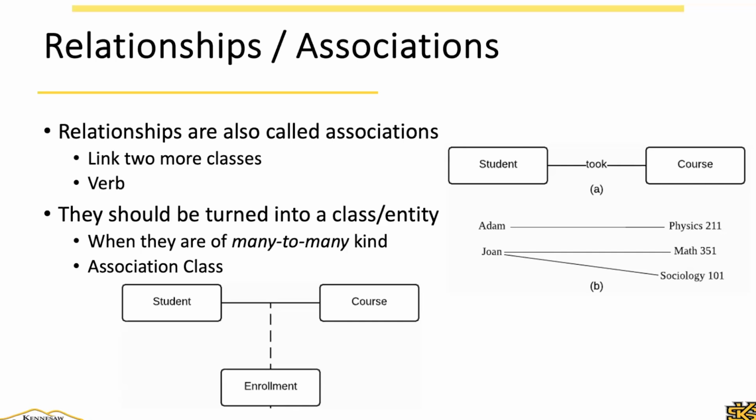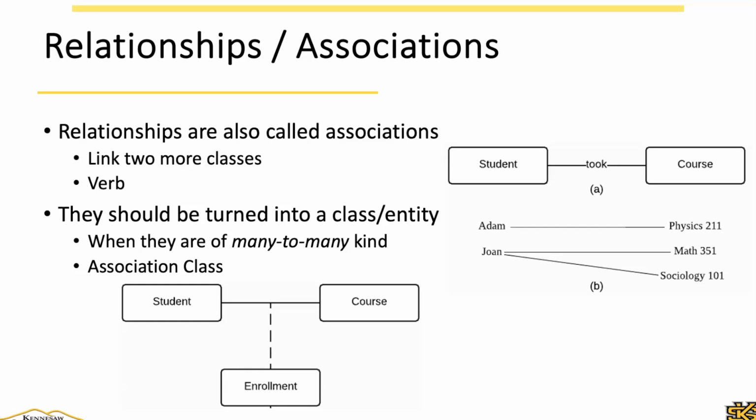So to resolve this, we use an association class or an association table in that model. In conceptual design, we refer to it as an association class, but when it comes to implementation, we call it an association table.